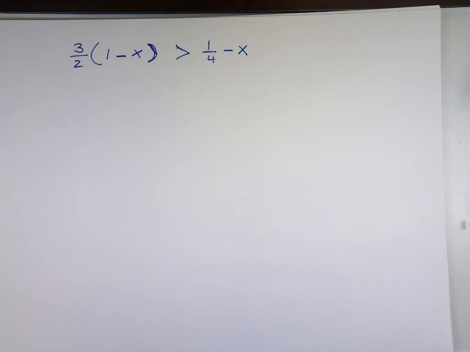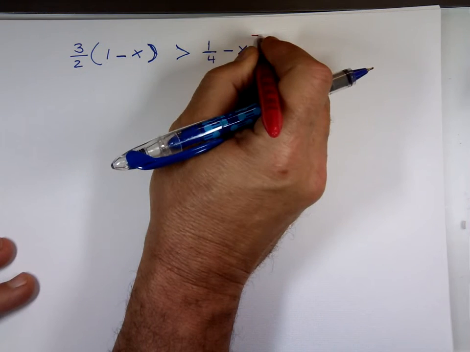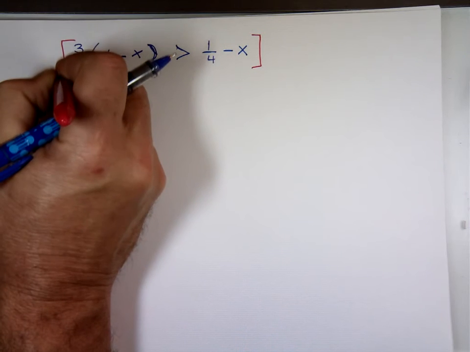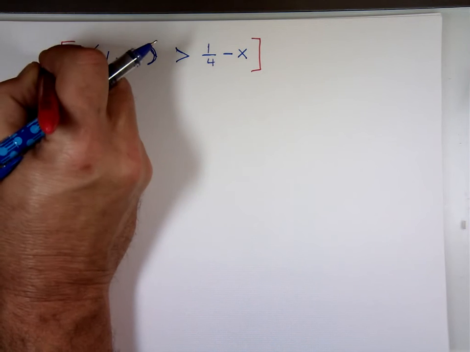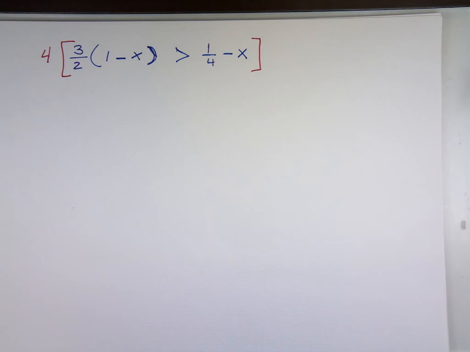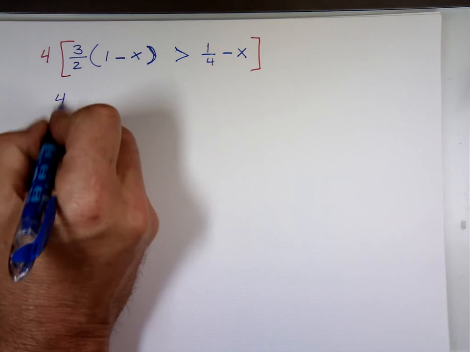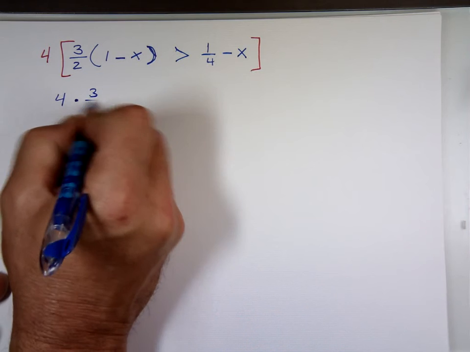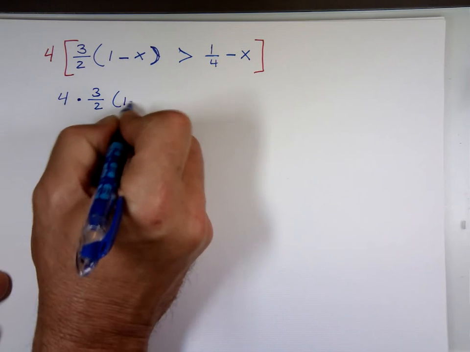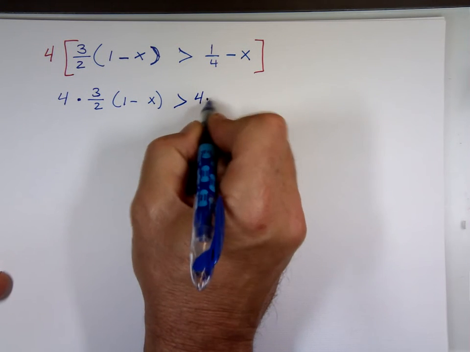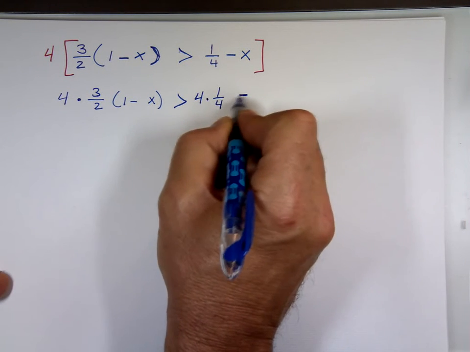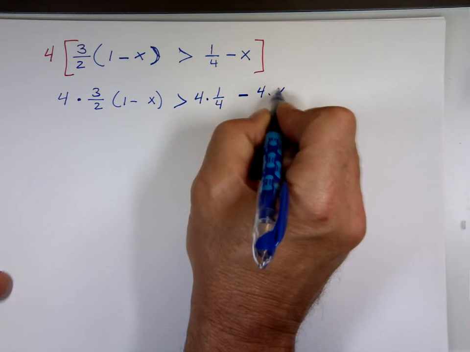So what are we going to do? I'm going to multiply the entire equation by the LCD, which is what? Isn't it 4? I'm going to multiply everything by 4. So take the first one, multiply it by 4. 4 times 3 over 2 times 1 minus x greater than 4 times 1/4 minus 4 times x.